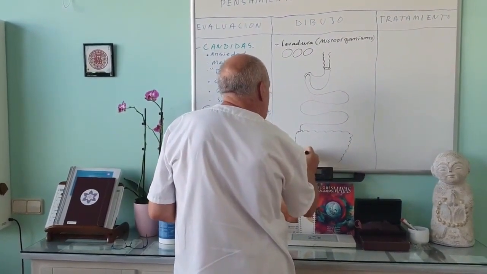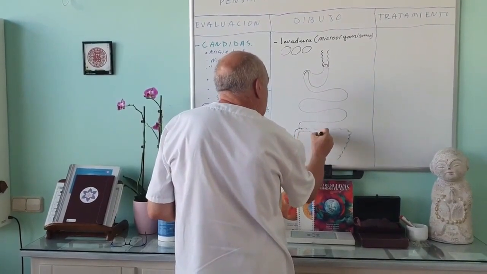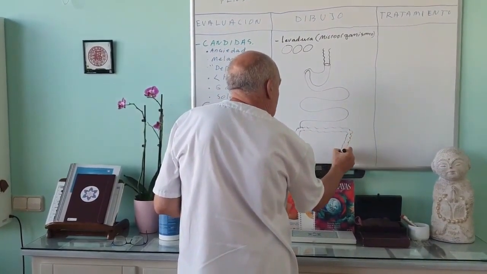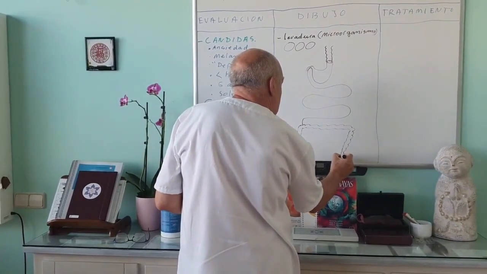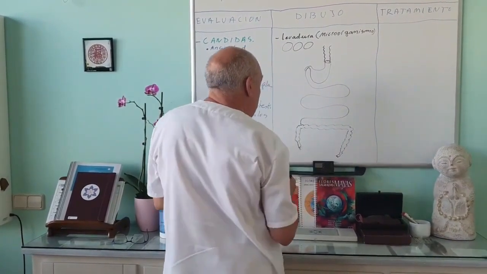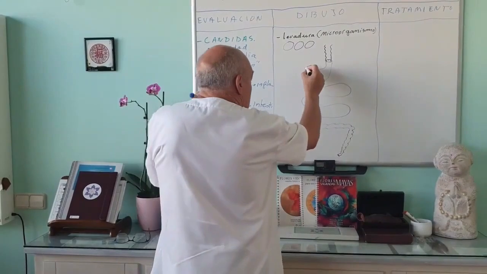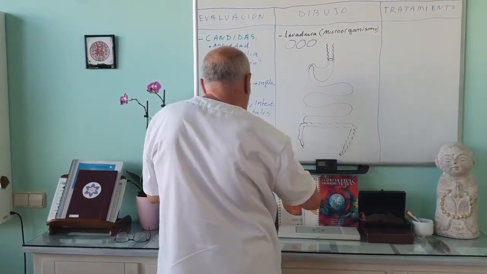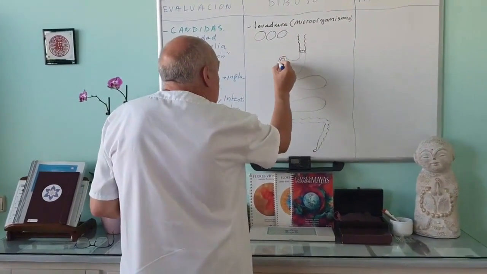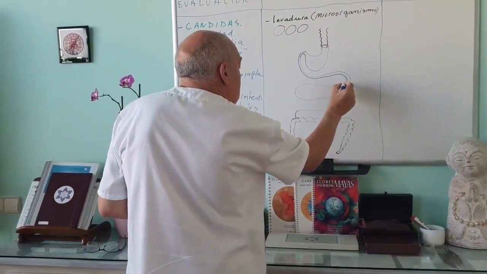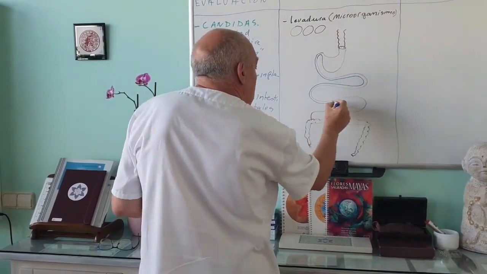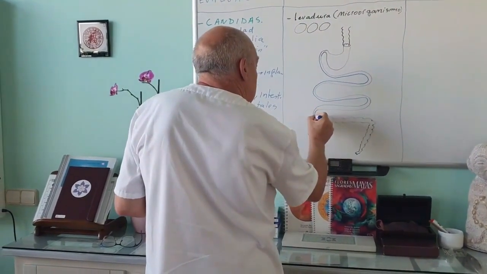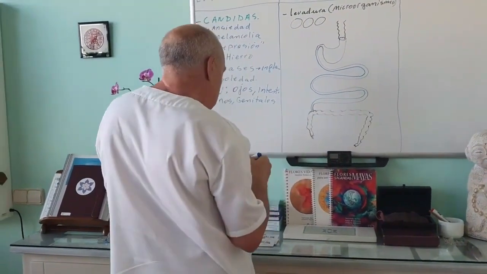Here, the appendix, the ascending colon, the transverse colon, the descending colon, and the rectum. In the intestine, in both intestines, there is an infection due to an excess of candida, which is called candidiasis.